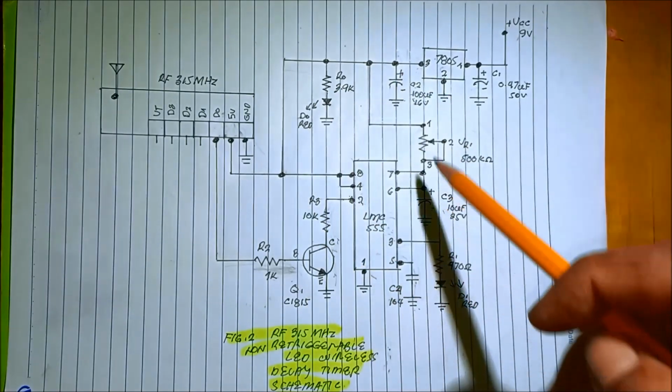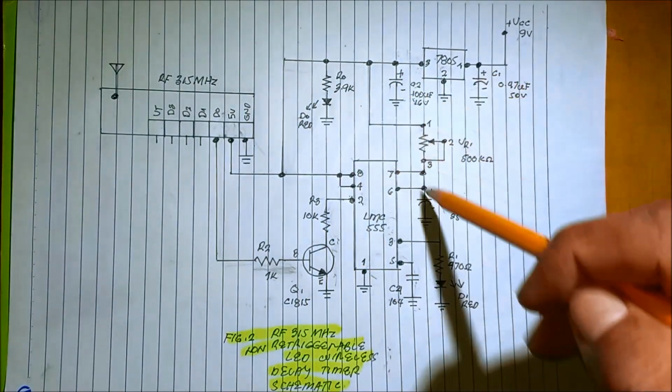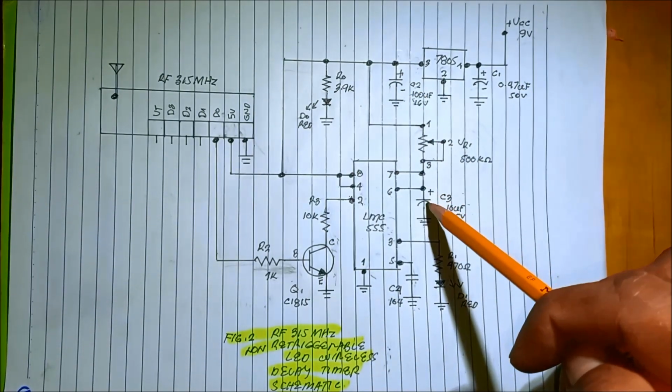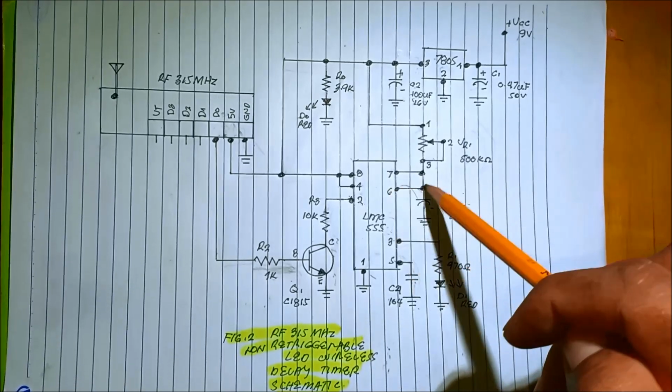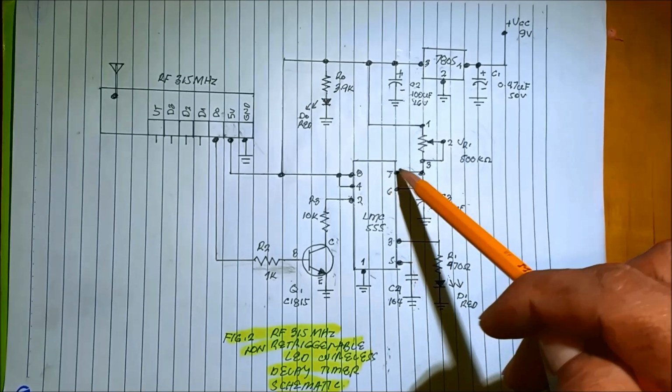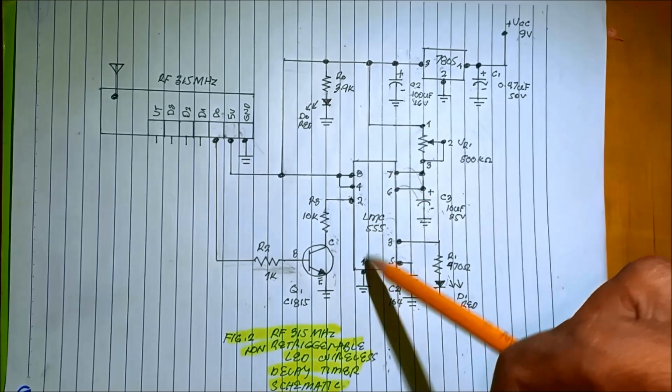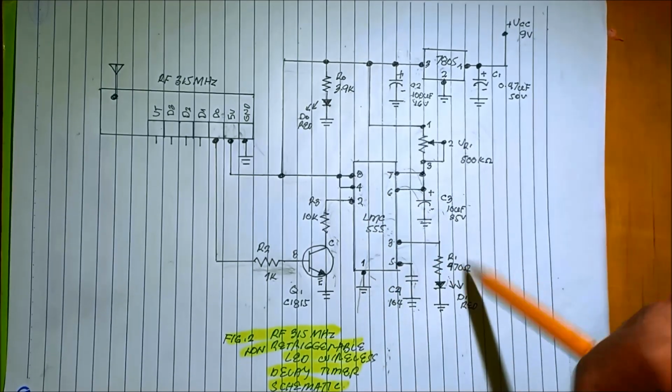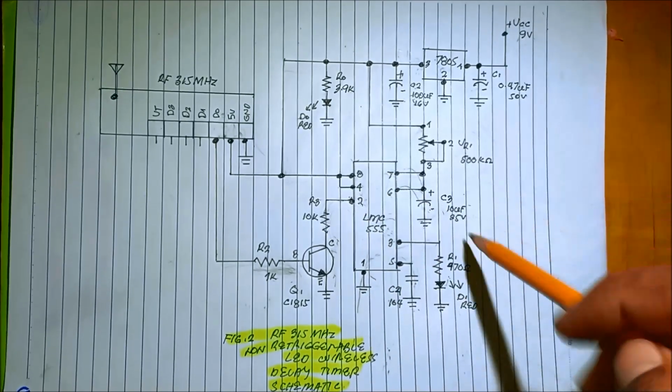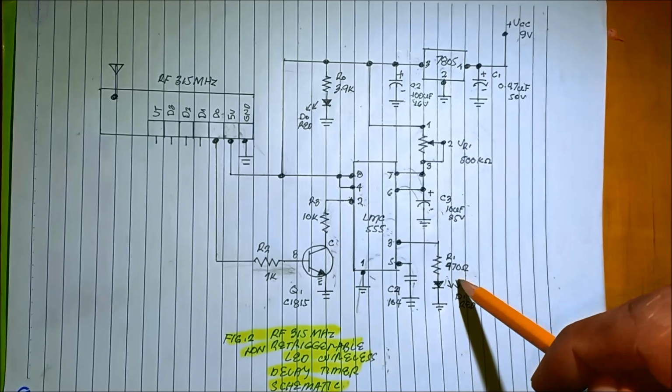In the initial state of the circuit, the capacitor is discharging through pin number 6 and pin number 7. If it is discharging, it flows into the ground, making the output turn off. So initially, the LED is off.